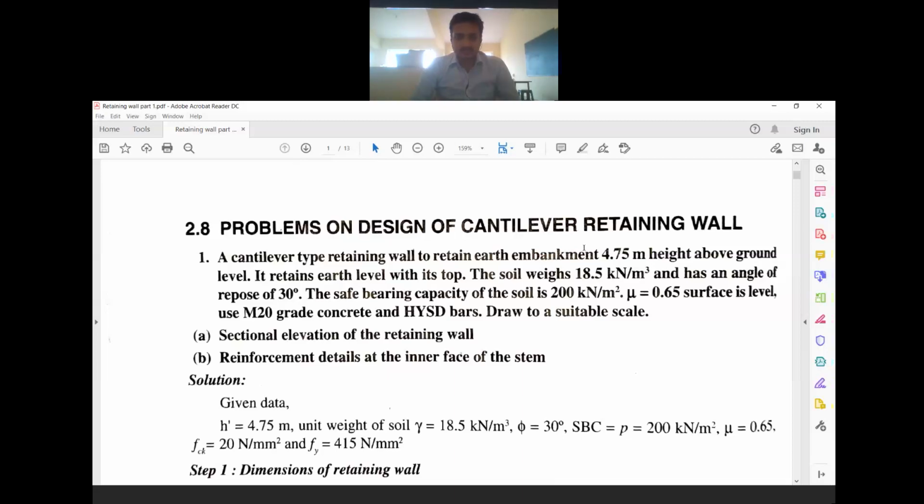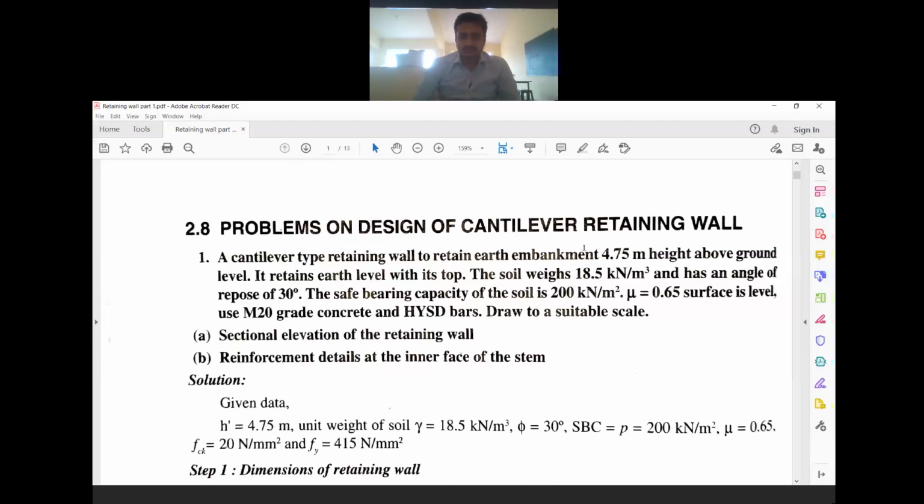The surface is level. That is what is given in the problem. Use M20 grade concrete and HYSD bars. And you have to draw, to a suitable scale, the sectional elevation of the retaining wall and the reinforcement detail at the inner face of the stem.